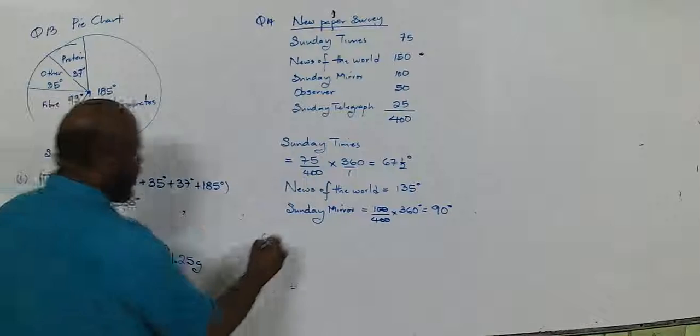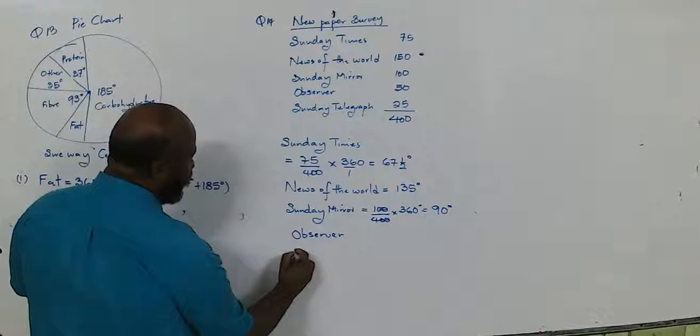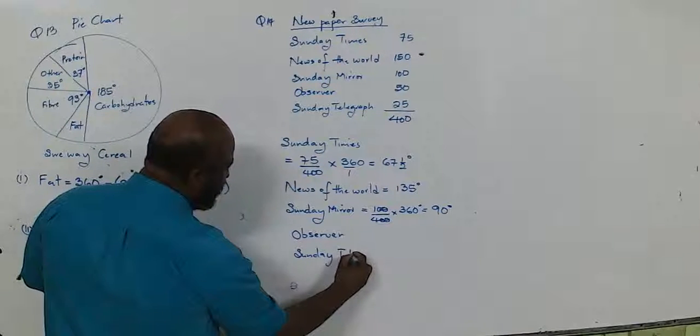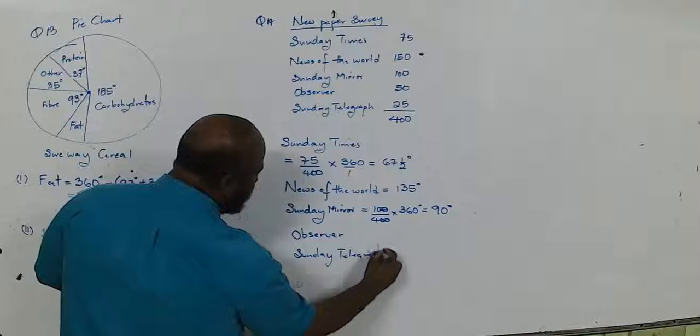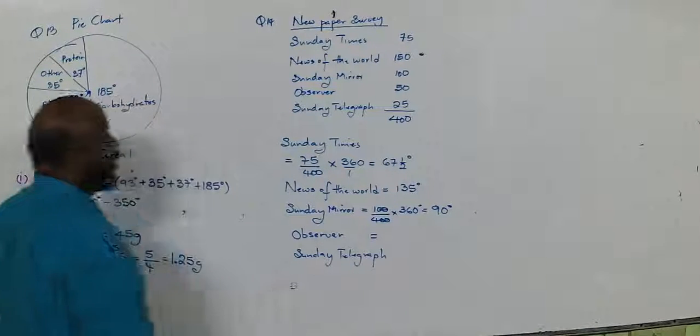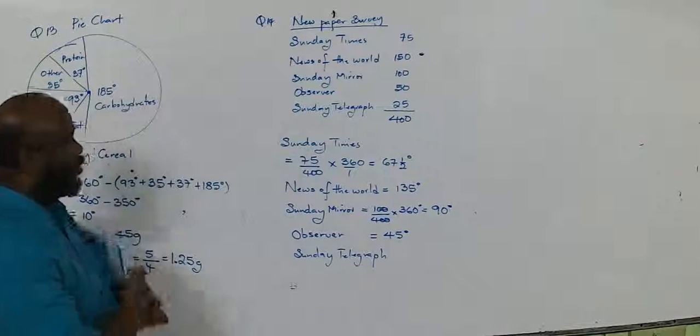So we can put in the others: Observer, and Sunday Telegraph. You tell me, the Observer is getting how much? 45. Very good.